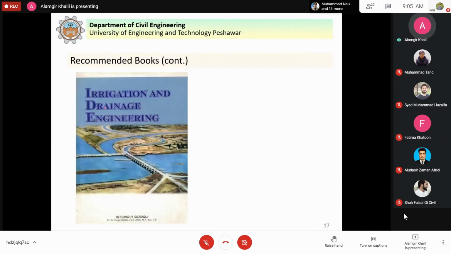Now another book, which is also written by a Pakistani author, Iqtidar H. Siddiqui, is Irrigation and Drainage Engineering. This is also available in the market. You can buy it. This is a good book, very comprehensive. All aspects of irrigation, all topics, are explained.